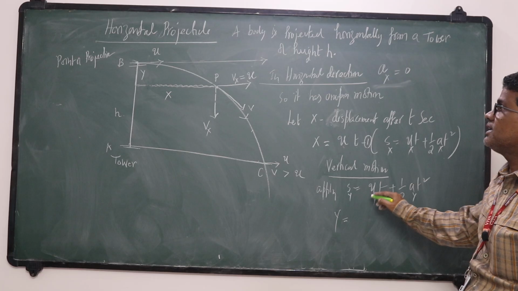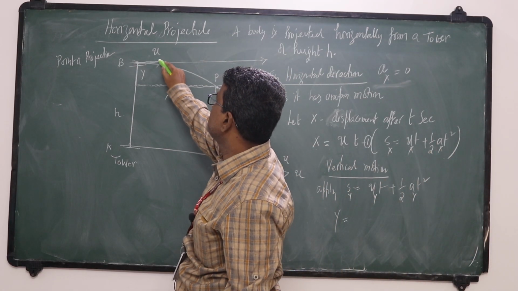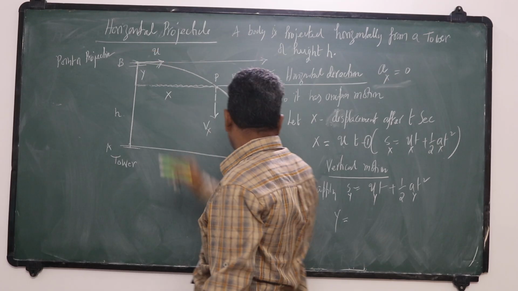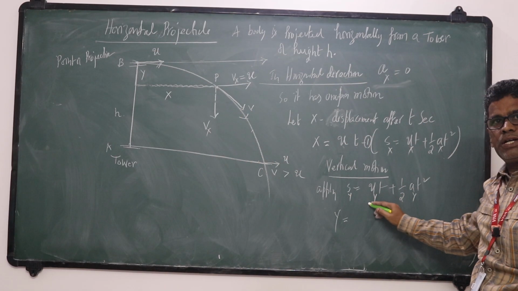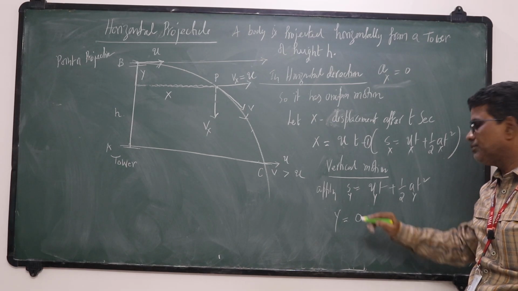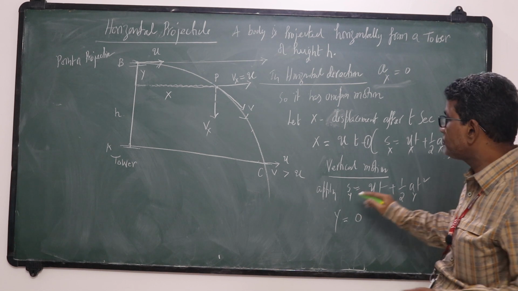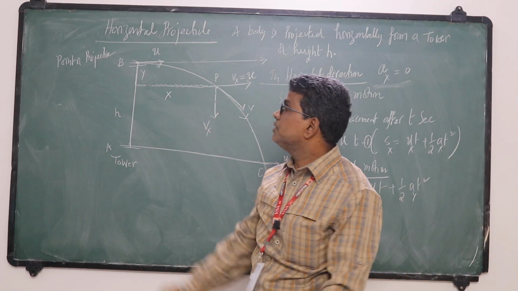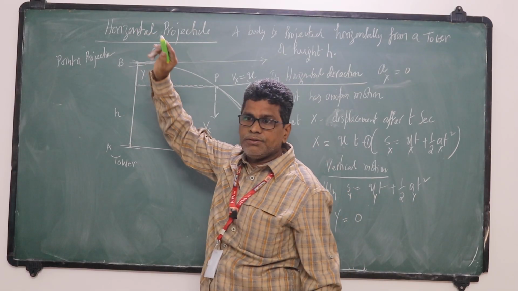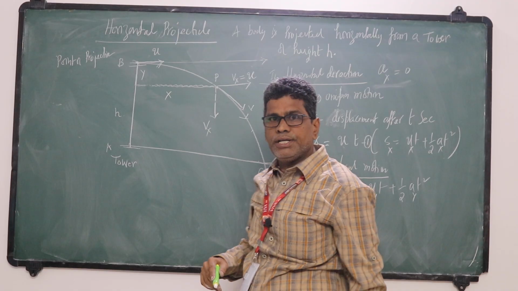Initial vertical velocity: you are projected horizontally, so the initial vertical component is 0. Can you say why it is 0? Because it is projected horizontally, its vertical component is 0. If you project vertically, its horizontal component is 0.